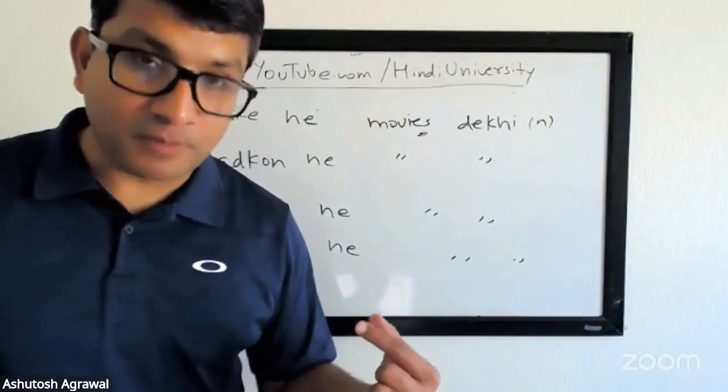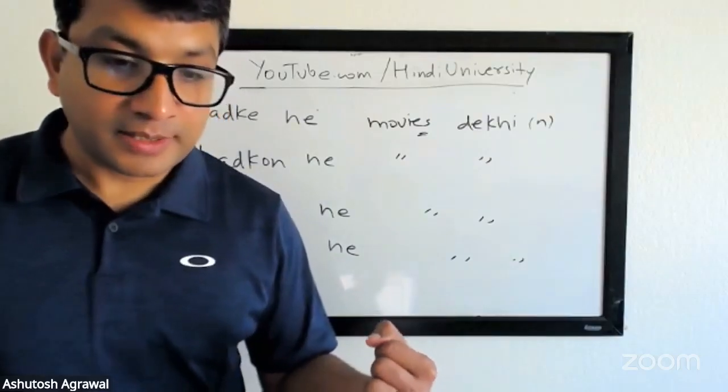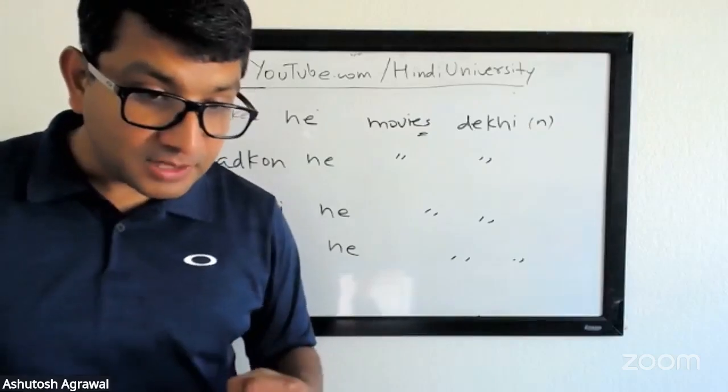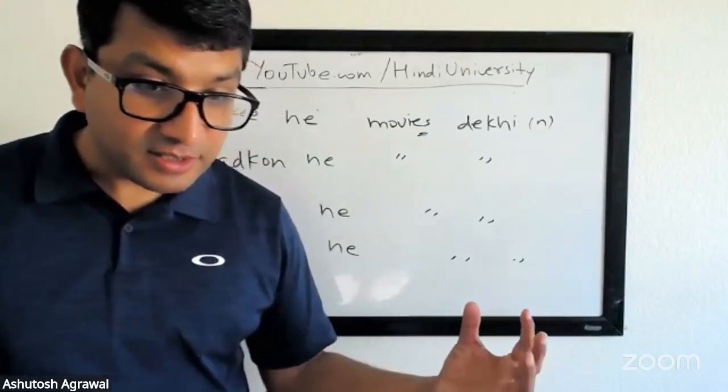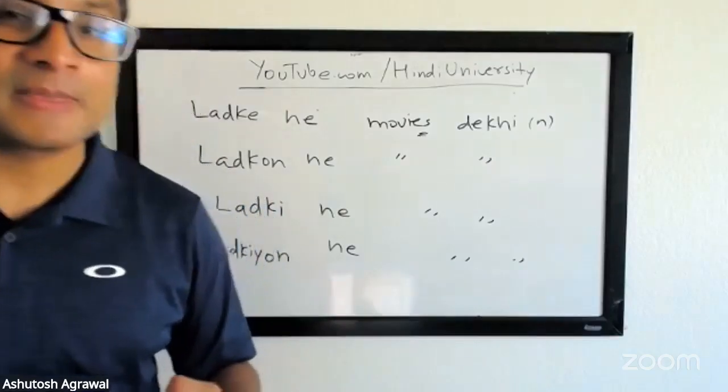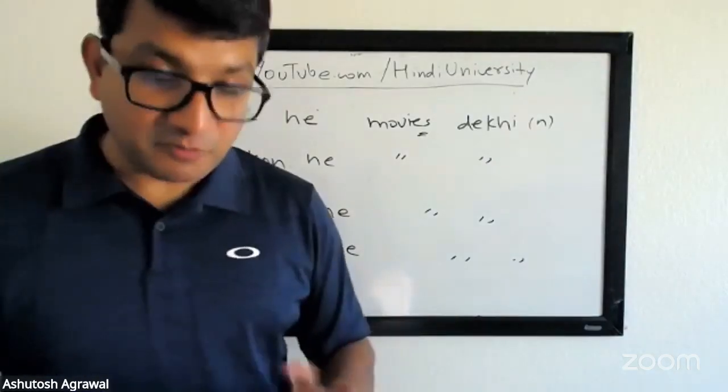John se, from John. Okay. If you want to say get the ball from him, from him will be usse. Usse. That's right, usse.